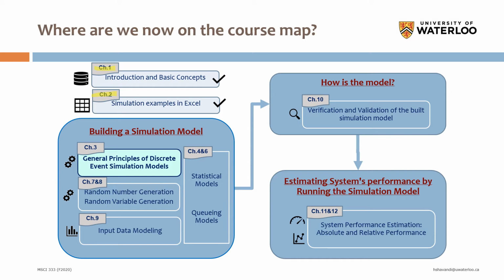But now in chapter 3, we are going to have the general principles of discrete event simulation models. I can say the first two chapters are somehow an introduction to our course. The main chapter of this course is going to start right now in chapter 3.